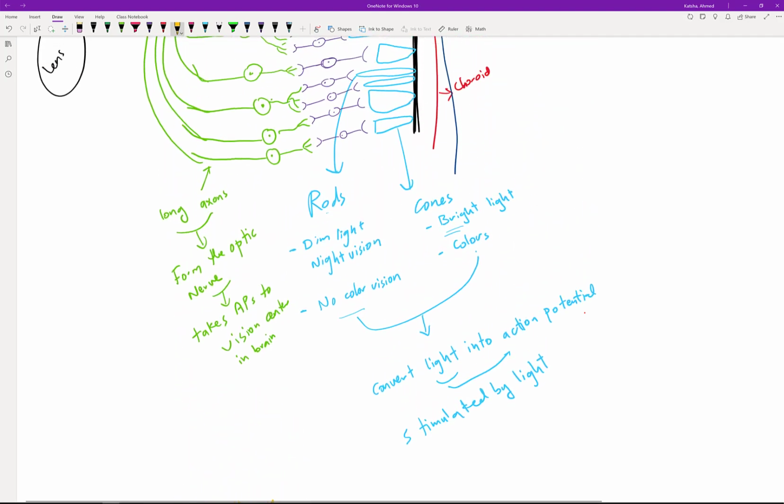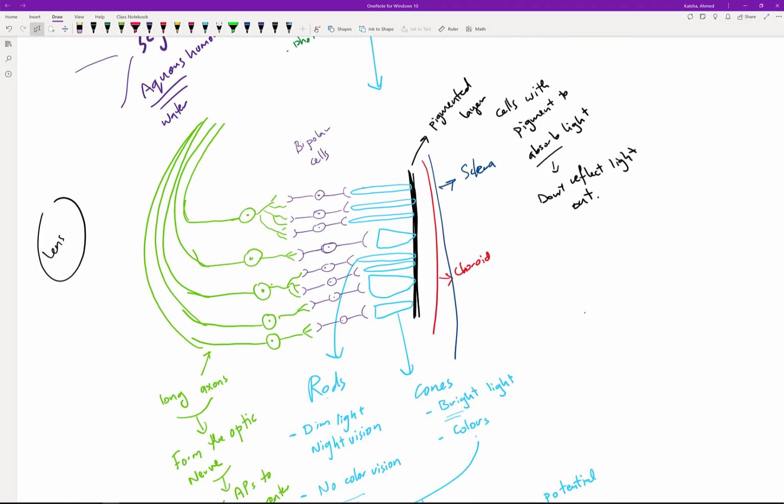For the light pathway, we understand it's coming from outside the body. So it has to go through the cornea, through the lens, and pass through all of those layers of cells, all the way to the pigmented layer. While at the pigmented layer, the light will stimulate the rods and cones.